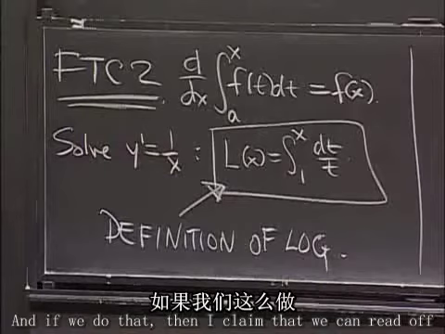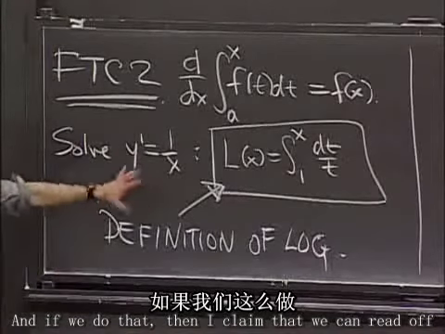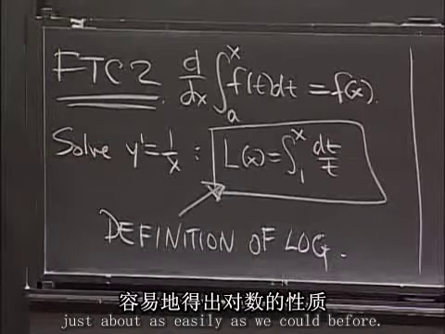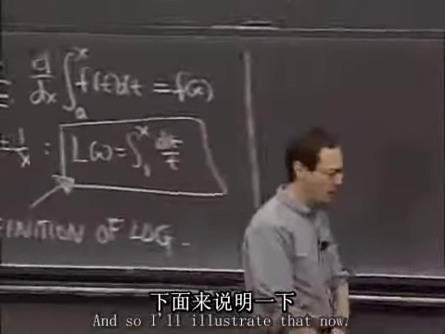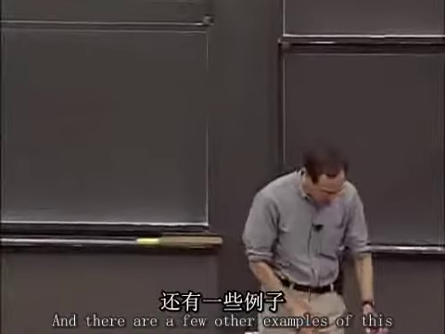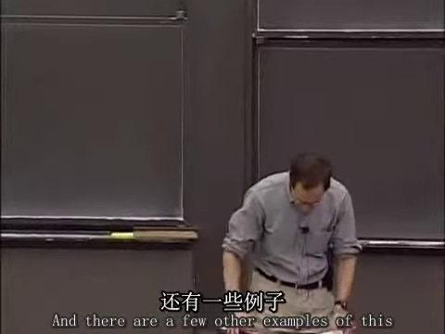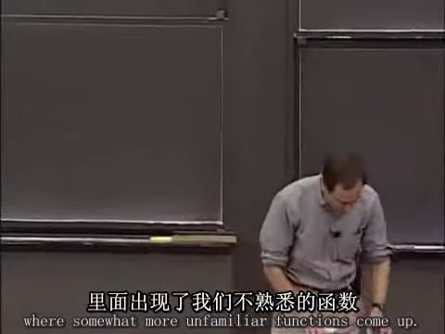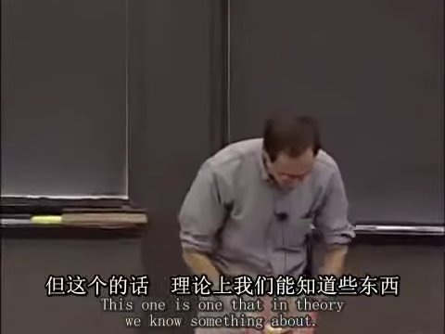And if we do that, then I claim that we can read off the properties of the logarithm just about as easily as we could before. And so I'll illustrate that now. And there are a few other examples of this where somewhat more unfamiliar functions come up. This one is one that in theory we know something about.